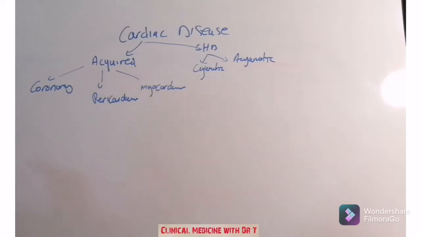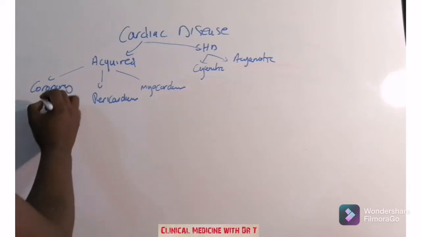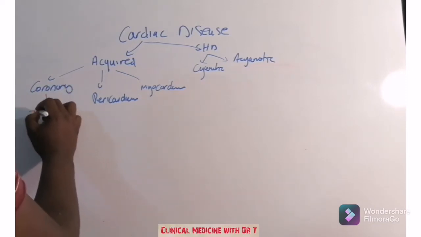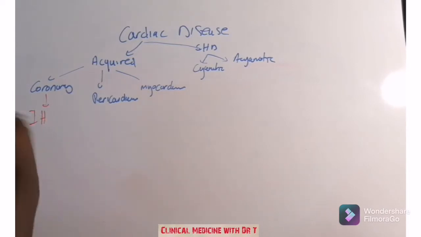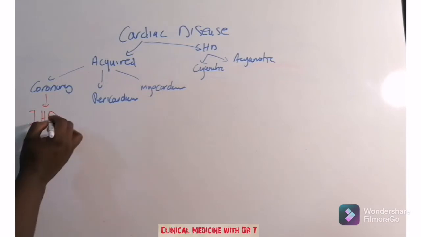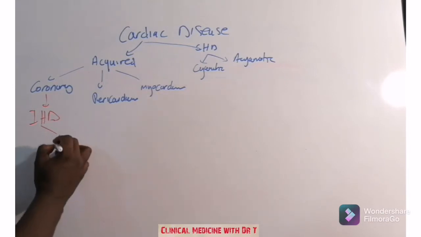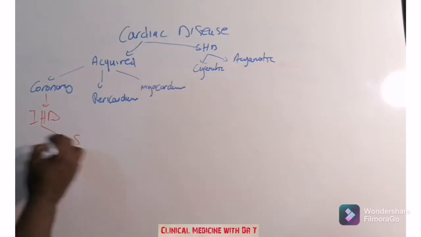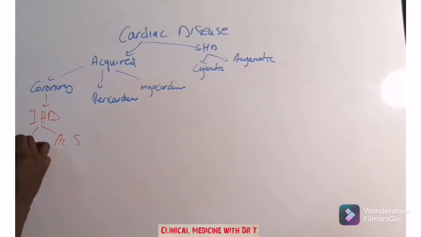We said the conditions that affect the coronary vessels are collectively called ischemic heart disease, and we know that you can get acute coronary syndrome and you get a stable angina on this side, right?